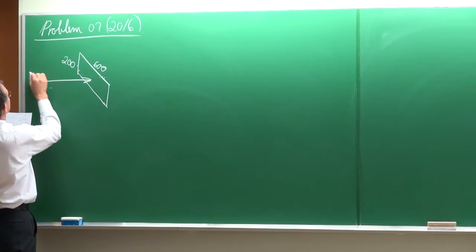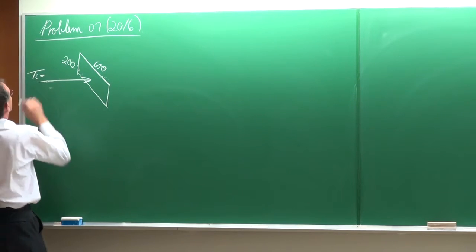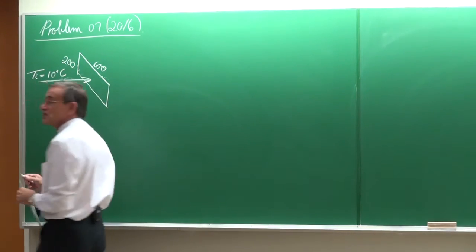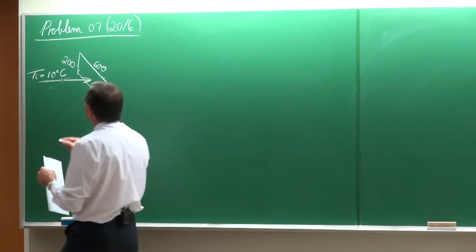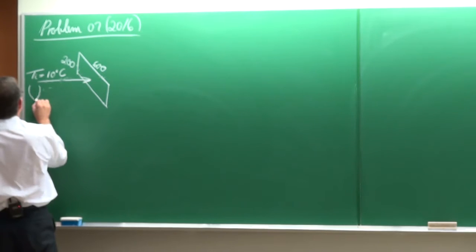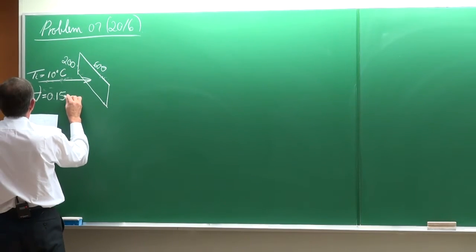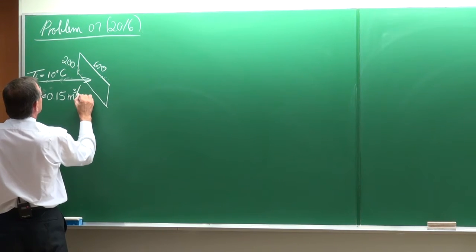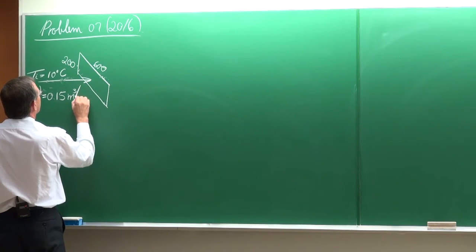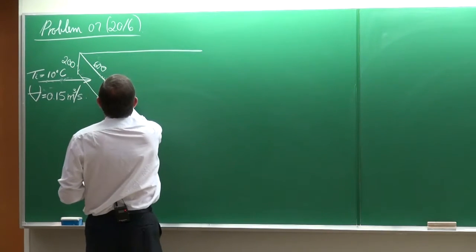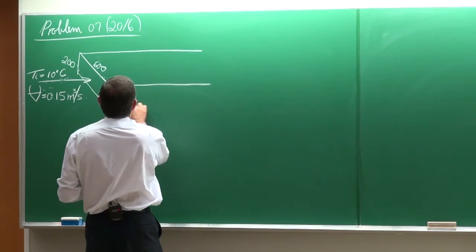Air that has been cooled to a temperature of 10 degrees Celsius is flowing through this duct, and the volume flow rate of the air is equal to 0.15 cubic meters per second. And this duct is 40 meters long.